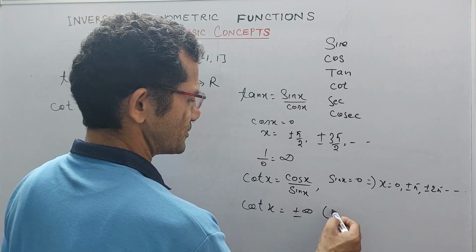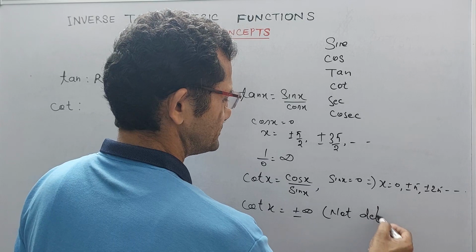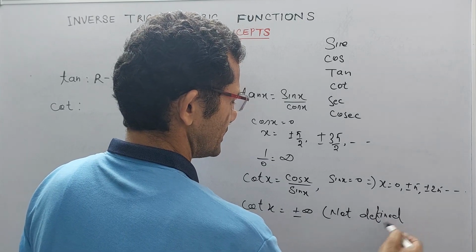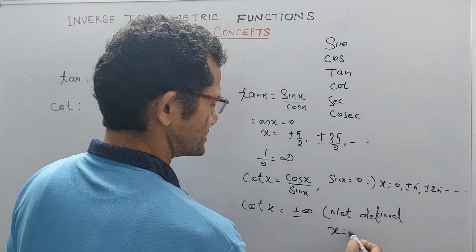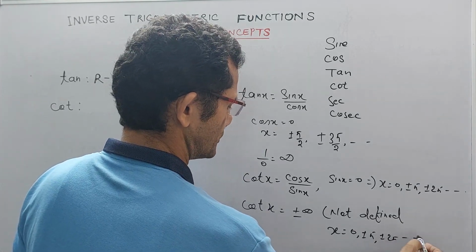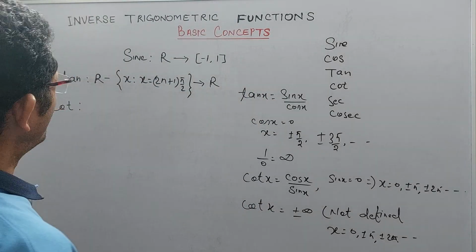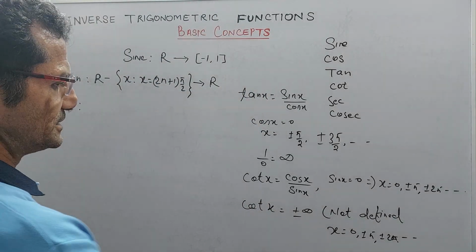So we can say that it is not defined for the angles 0 and plus minus pi, plus minus 2 pi, and so on. We have to remove these angles from the set of real numbers.